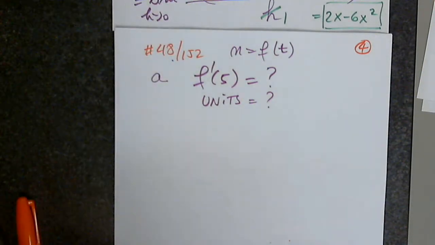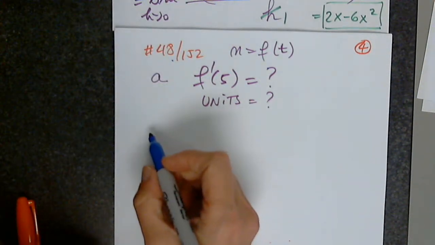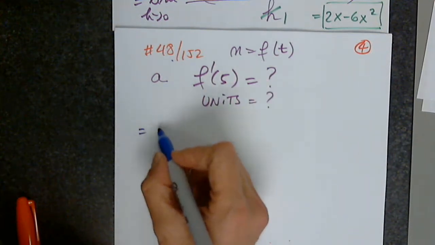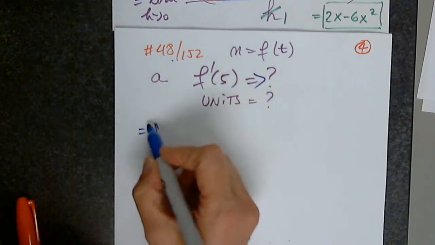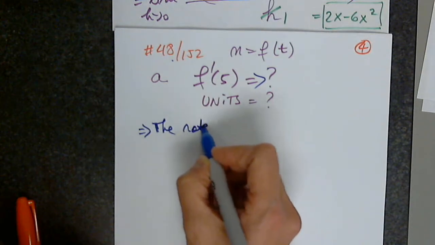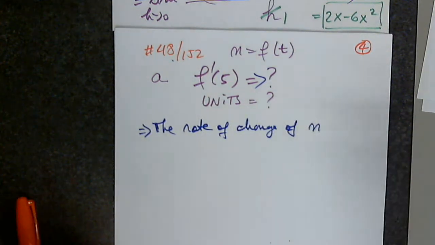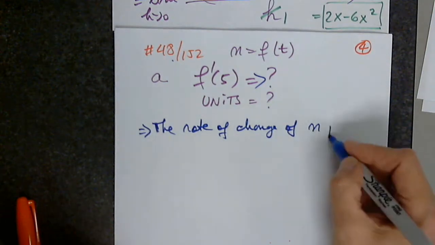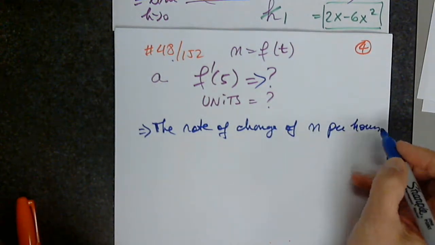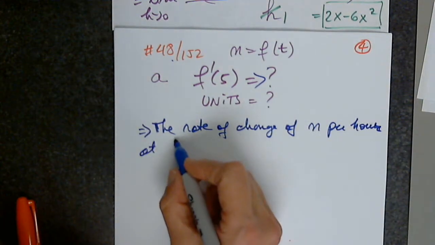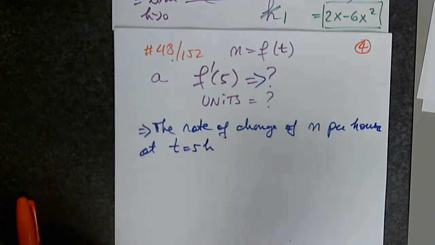Can anyone give us an idea? This is the bacterial growth per hour at 5 hours. Exactly. So the first one, the rate of change of N, which is number of bacteria, per hour at t equals 5 hours.